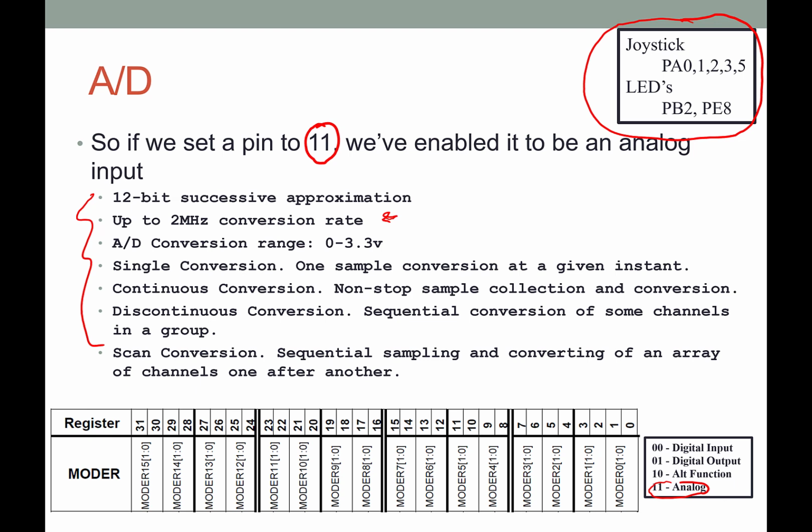So we'll get to another slide, but I think the importance of this is you can do a single channel, or you can do a series of channels. You can do that one time, or you can do it continuously.